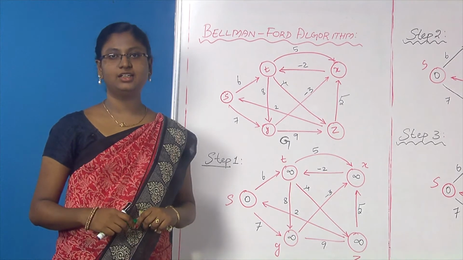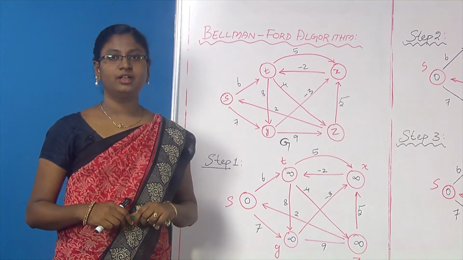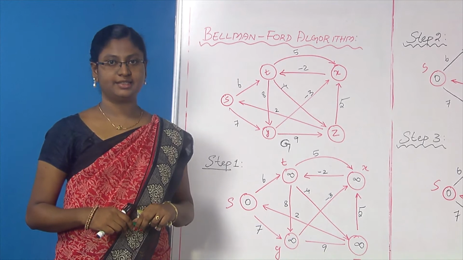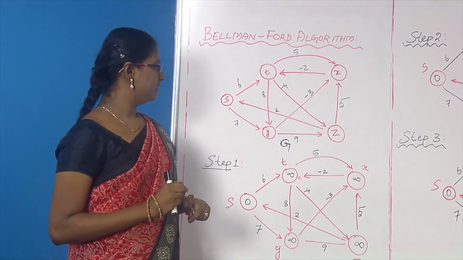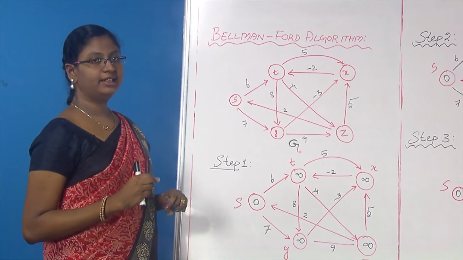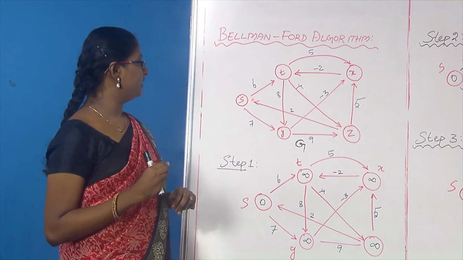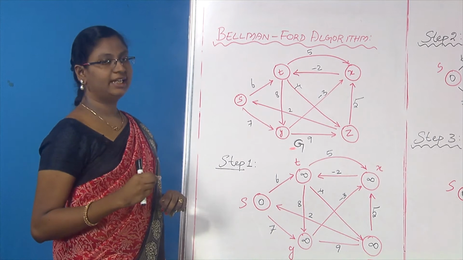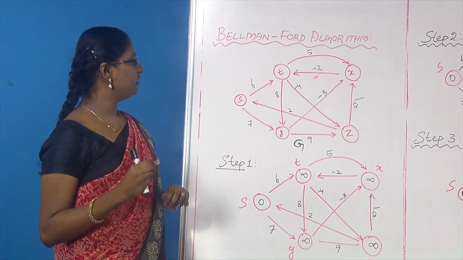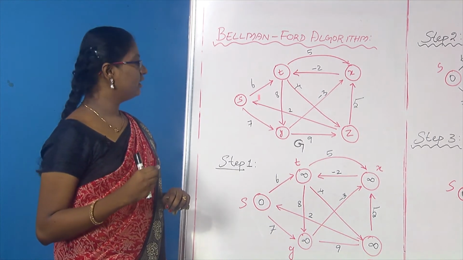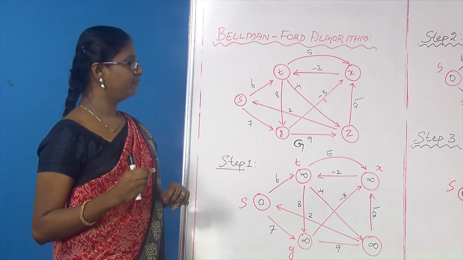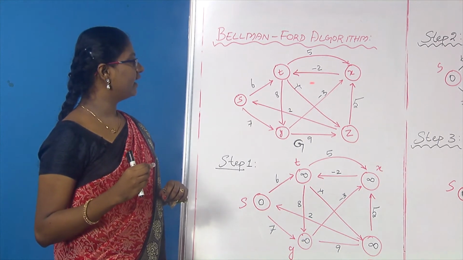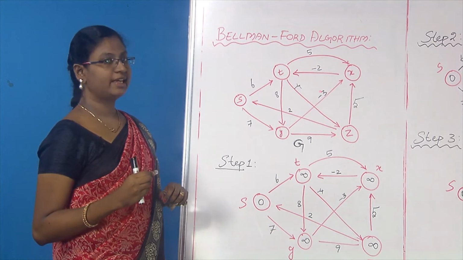We have seen the algorithm of Bellman-Ford. Now, we will see the algorithm with an example. So, consider this graph. I have taken a graph with 5 vertices, namely S, T, X, Y, Z, and with 10 arcs, and we can see each arc has weight. So, here it is a weighted directed graph, and you can see I also have negative weights and a negative cycle also.